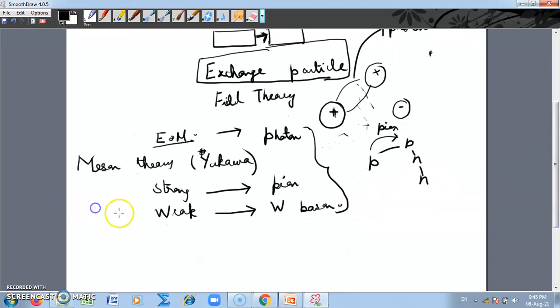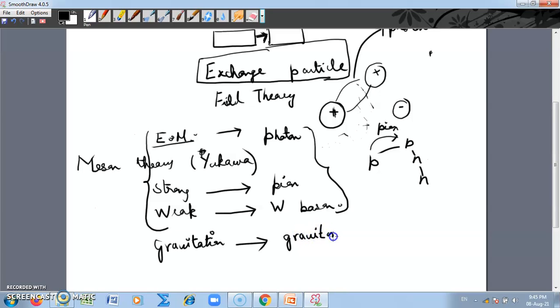Now what happens in the case of gravitation? This is the only point where this exchange force idea is not working. Till now it has not been found, but it has been assumed that if these three forces, electromagnetic, strong and weak, are possible through exchange of a particle, definitely there must also be another particle associated with gravitational interaction, and they have named that particle the graviton.